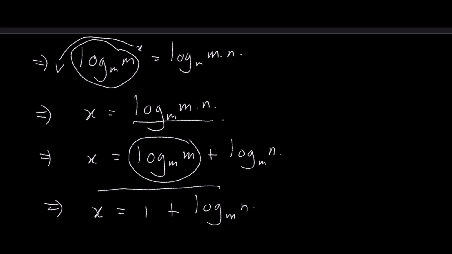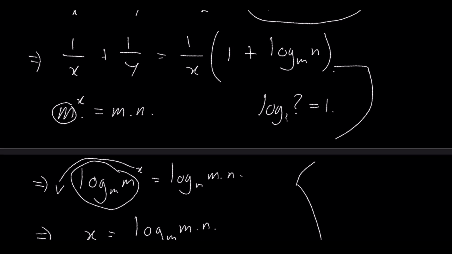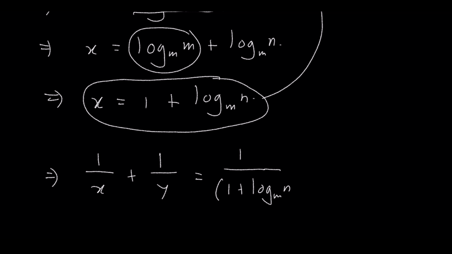Now, we're going to take this here and substitute it back in, way up here, to this part here. So what we're going to end up with is 1 over x plus 1 over y is equal to 1 over x, which is the same as 1 over 1 plus log to the base m of n, multiplied by 1 plus log to the base m of n.